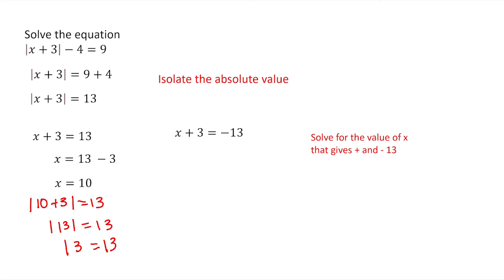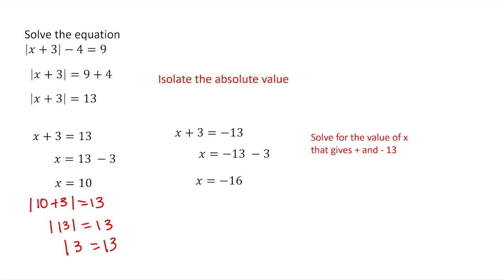Okay, so we now need to find the other value of x that gives us minus 13. So we solve for the value of x that gives us a minus number, minus 13. Okay, so x plus 3 equals minus 13. This gives us x equals minus 13 minus 3, which gives us x is equal to minus 16. So let's check if this is right.